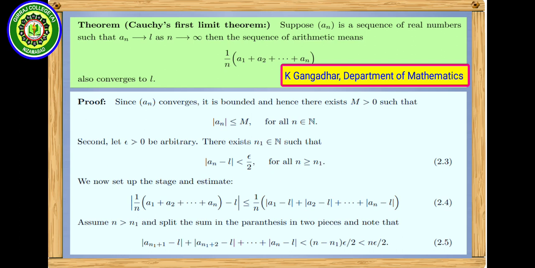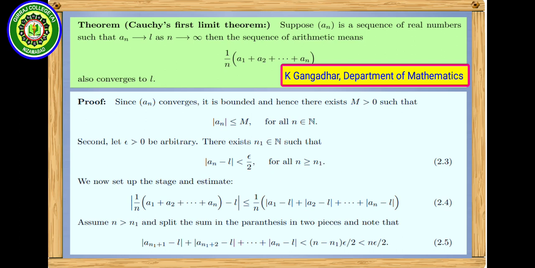Let epsilon greater than 0, then there exists n1 belongs to N such that mod an minus L is less than epsilon by 2. So the boundedness definition: mod an less than or equal to capital M. The convergence definition: mod an minus L less than epsilon by 2.